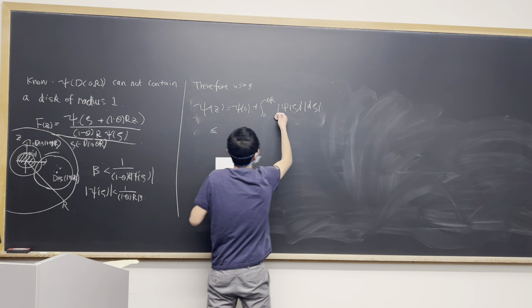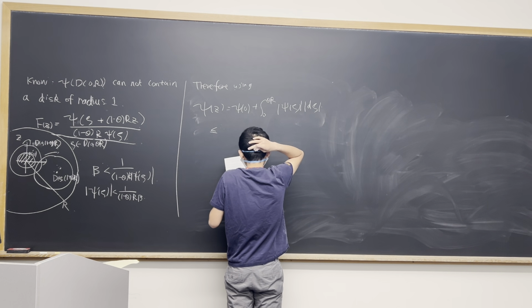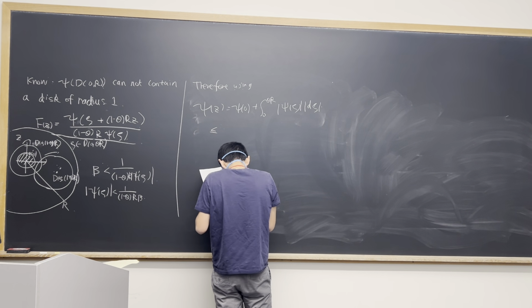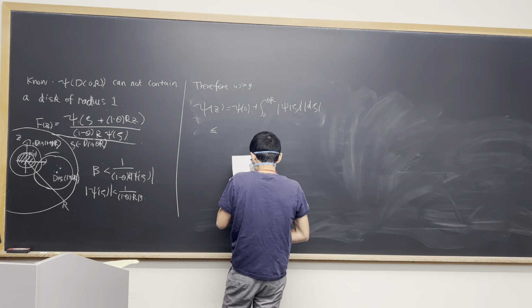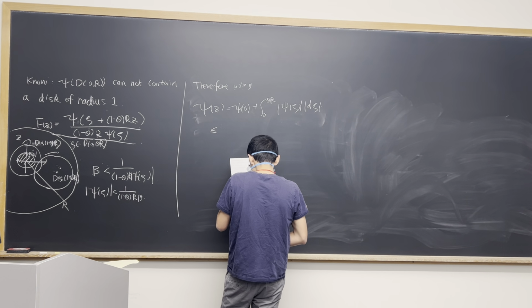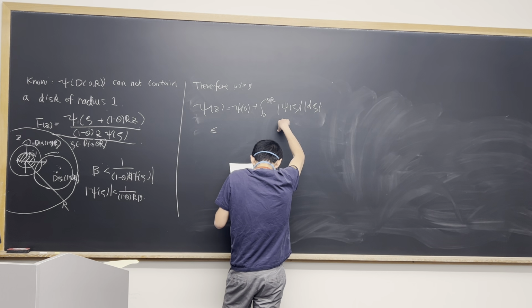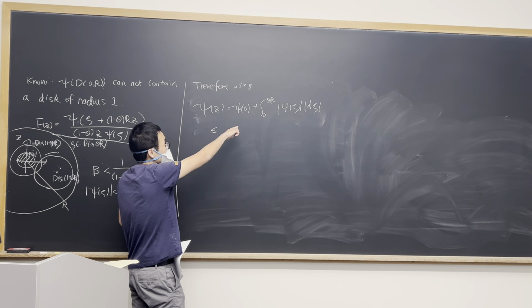So basically you are integrating along any C1 path, I think, from 0 to theta r.